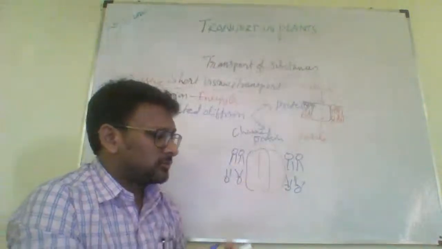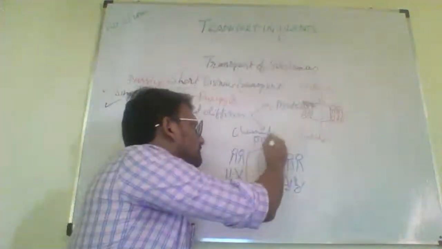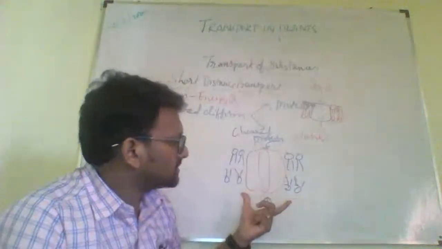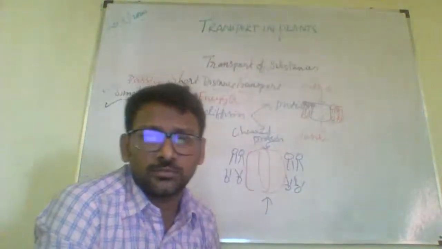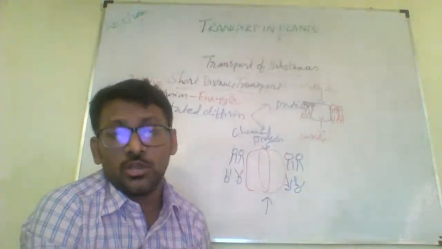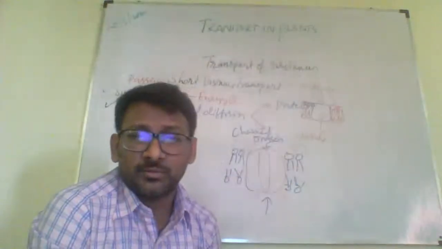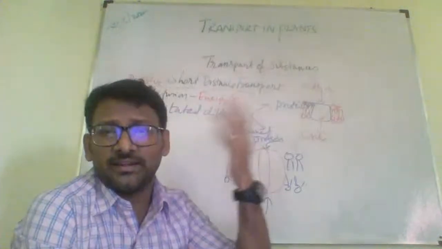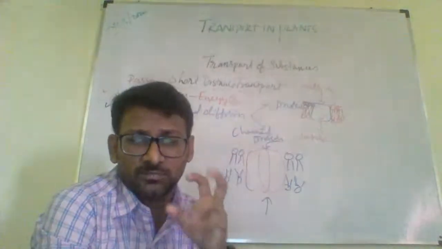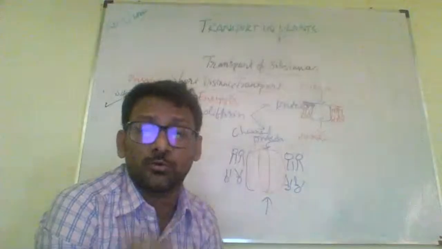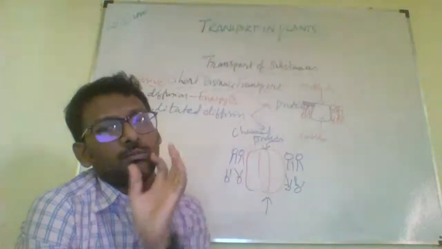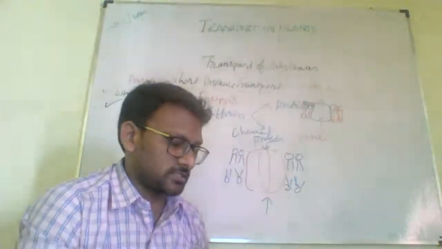Once the protein is embedded like this, the ions pass through. In channel proteins we have two types: one is ion channels and the other is porins. You would have slightly got the idea. Last year we studied about porins. You would have heard somewhere of aquaporins. So here, porins and ion channels.